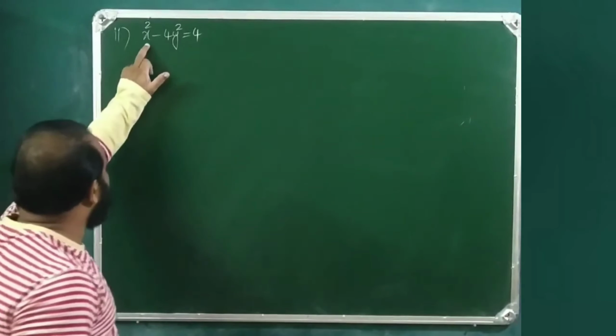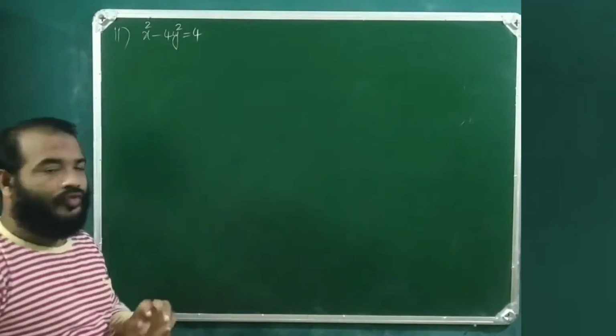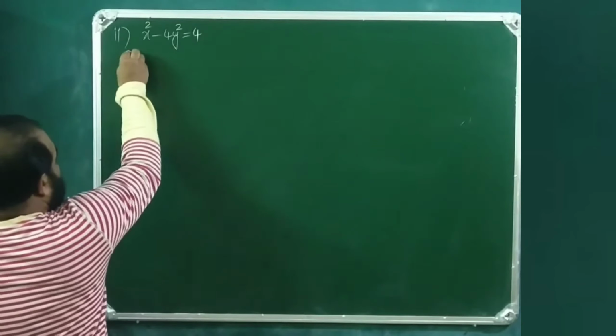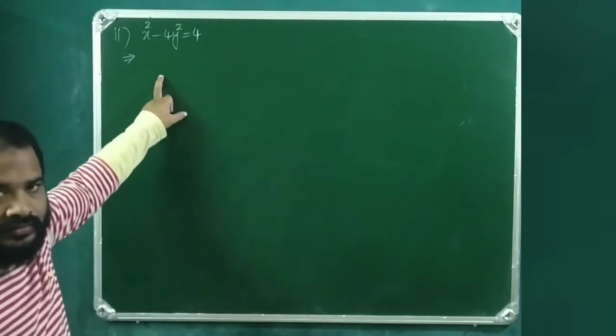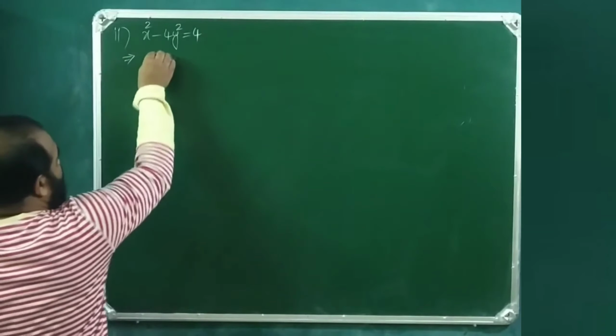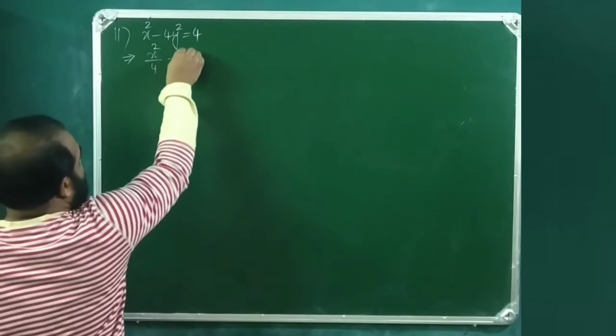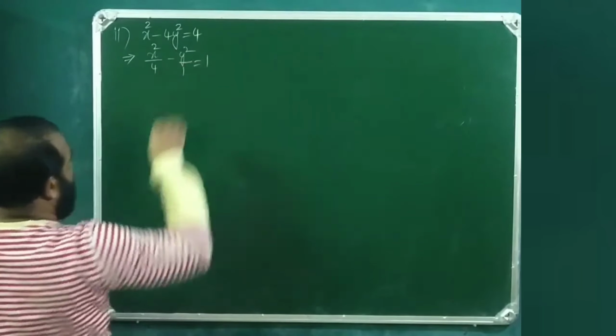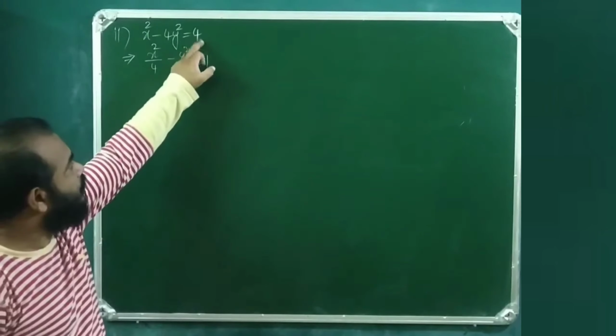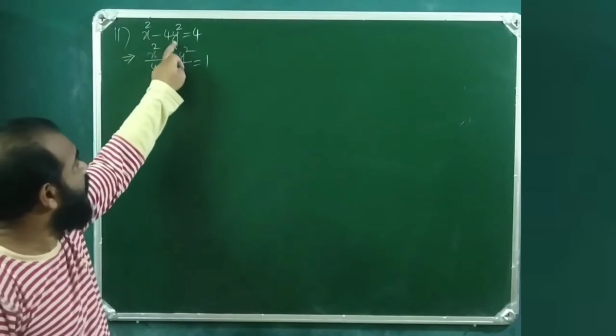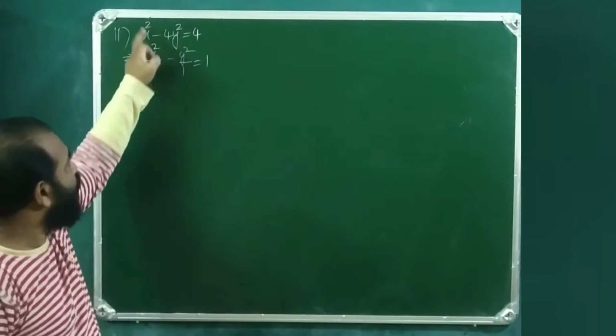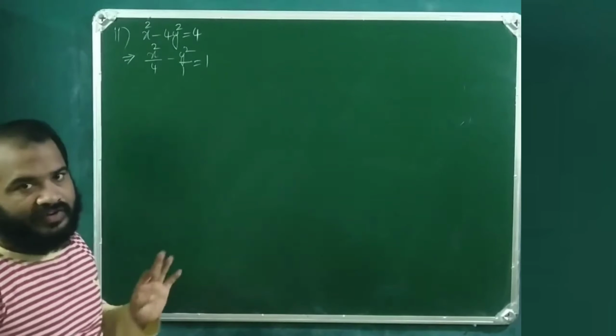This one is x square minus 4y square equals 4. So let us try to put it in order. x square by 4 minus y square by 1 equals 1.